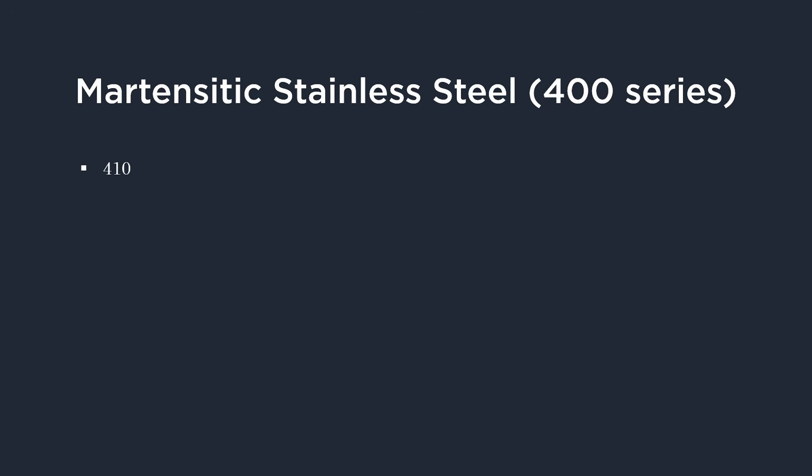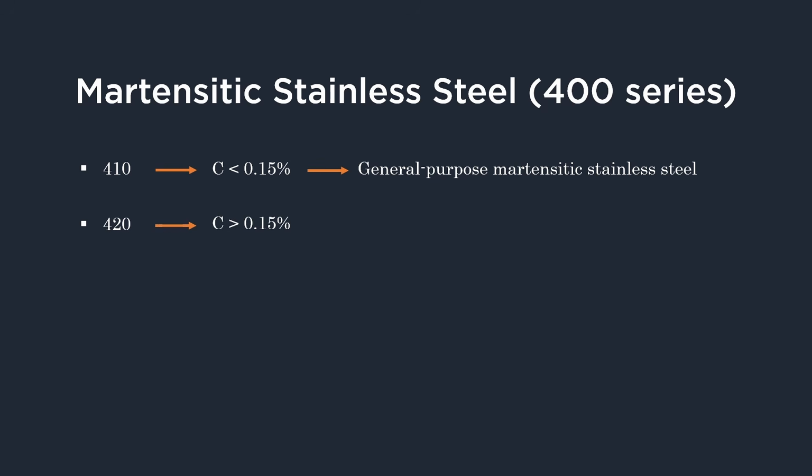And now their grades. So 410, having the lowest carbon, around 0.15% maximum, is a general purpose Martensitic stainless steel. 420, carbon increased to 0.15% minimum, has higher hardness and strength than 410.